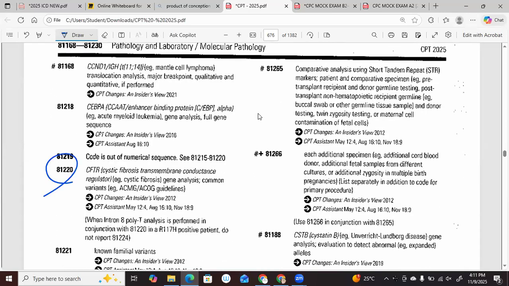Let's check this code, 81220. So we have to bill this code based on how the test has been performed. All the molecular pathology codes are based on how the test has been performed.